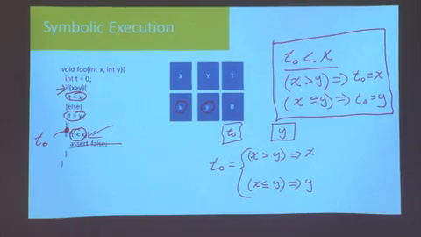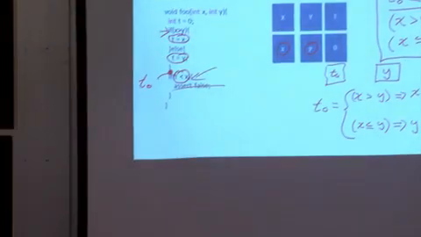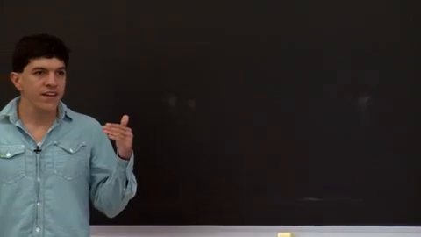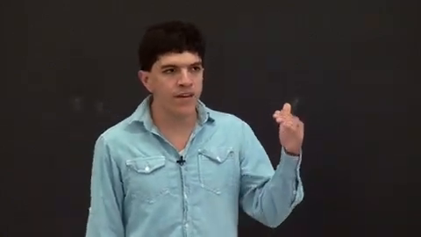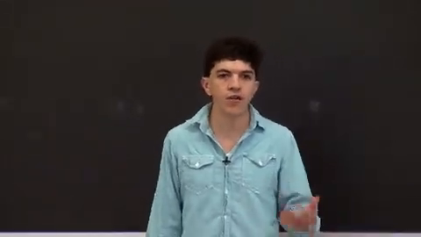So we're executing this program, but instead of keeping our state as a mapping from variable names to values, what we're doing is we're keeping our state as a mapping from variable names to these symbolic values, essentially other variable names.